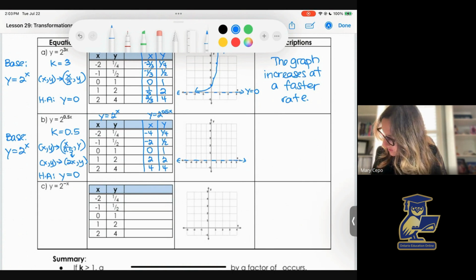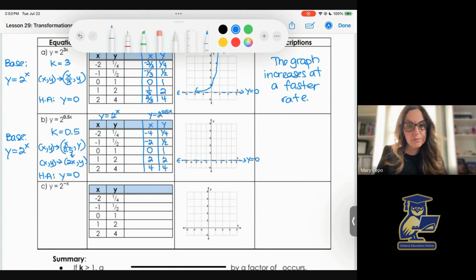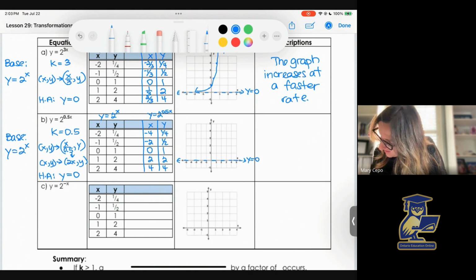We know the function gets closer but does not cross it. So in this case, at negative 4, we're at 1/4, and at negative 2, we're at 1/2, at 0, we're at 1, at 2, we're at 2, and at 4, we're at 4.